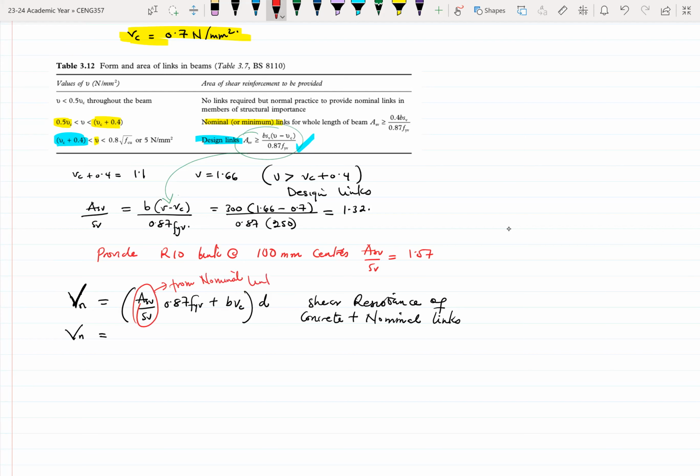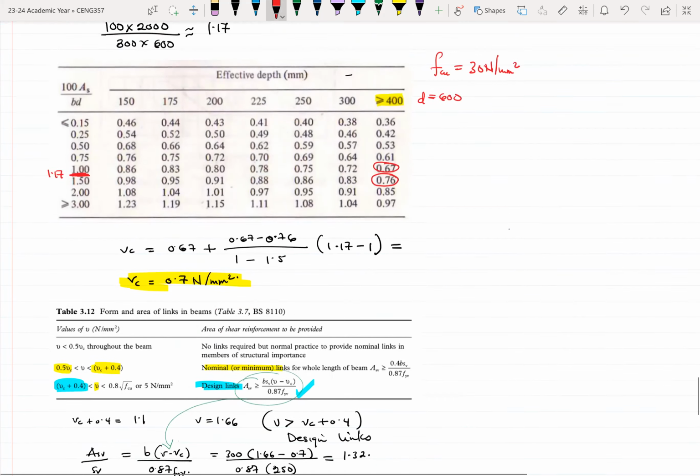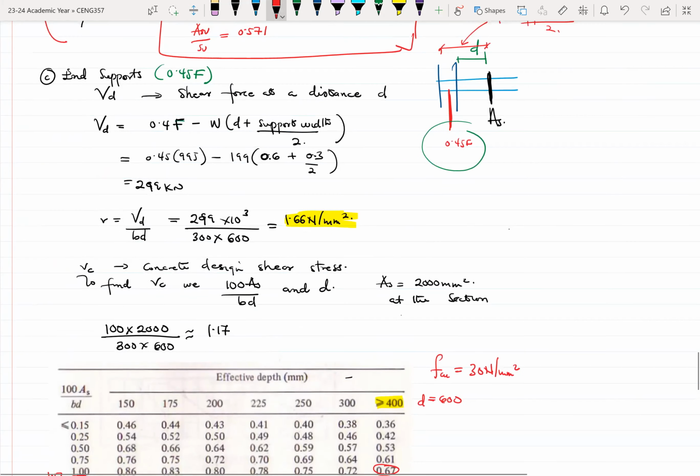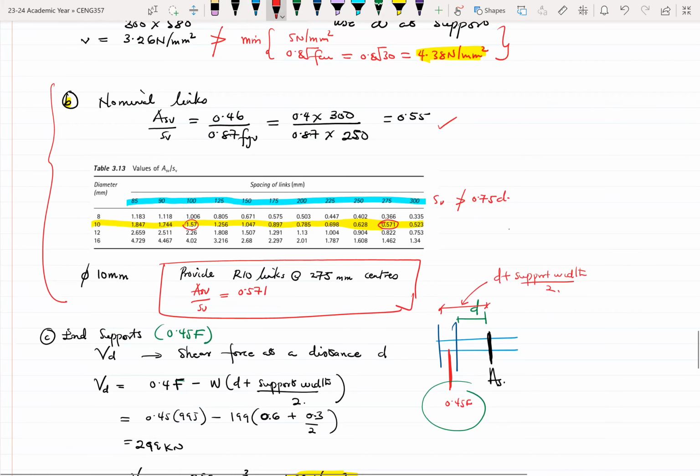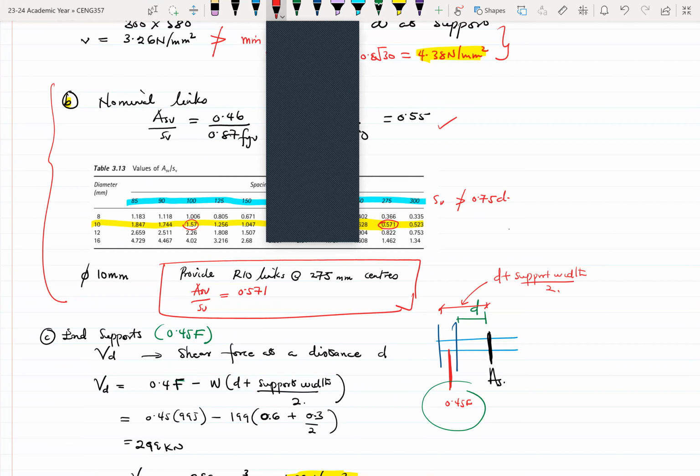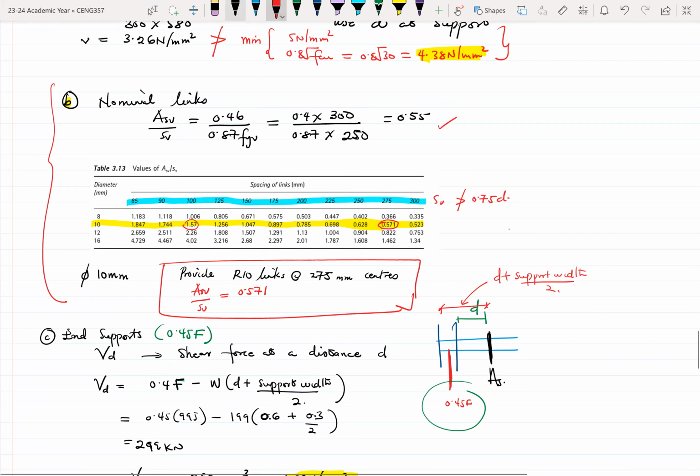So take a note. Okay. So I have to go all the way back to our nominal links and see what we had. What was the nominal links that we provided?